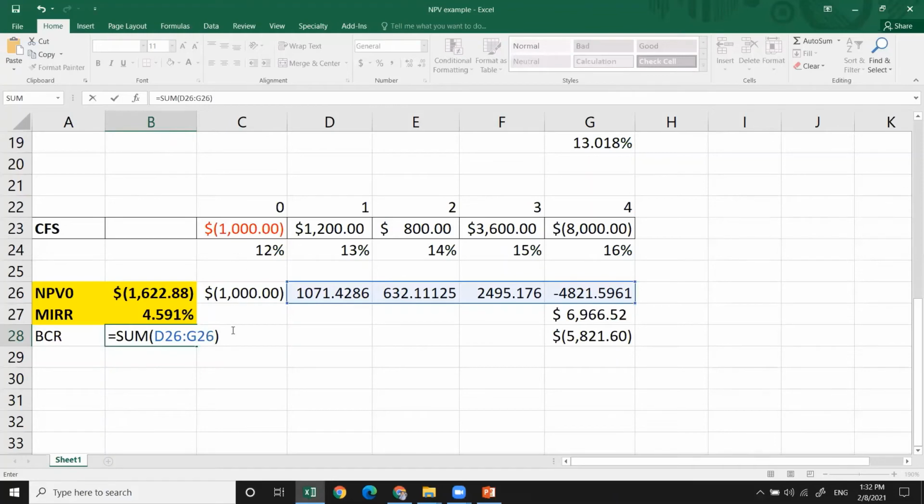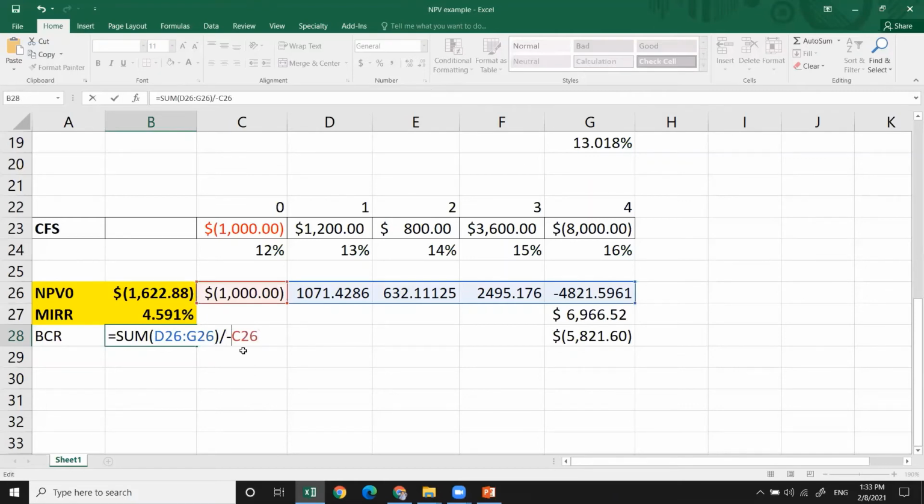Yes. Okay, what I was telling, benefit cost ratio is estimated as the present value of the future benefits you receive, even considering the negative cash flow, divided by initial investment cost.